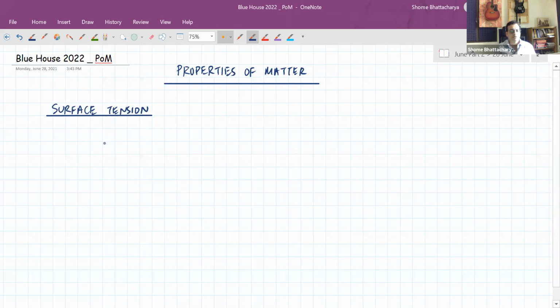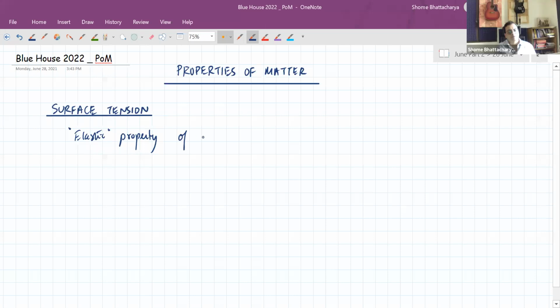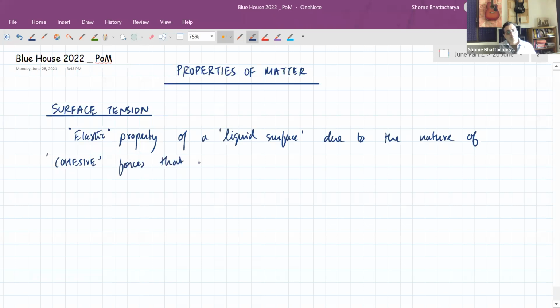So let's start with this part. Surface tension is the elastic property of a liquid surface due to the nature of the cohesive forces that act between the molecules at the surface.